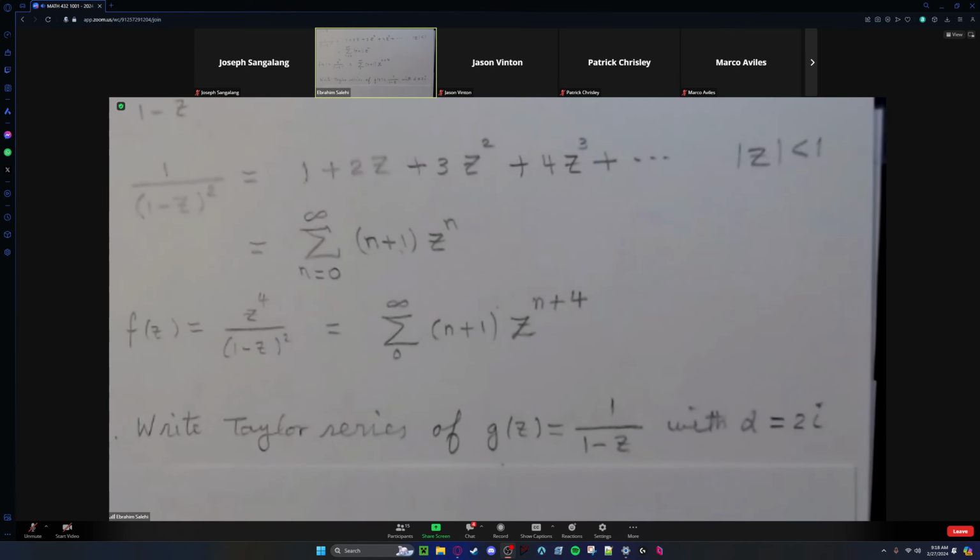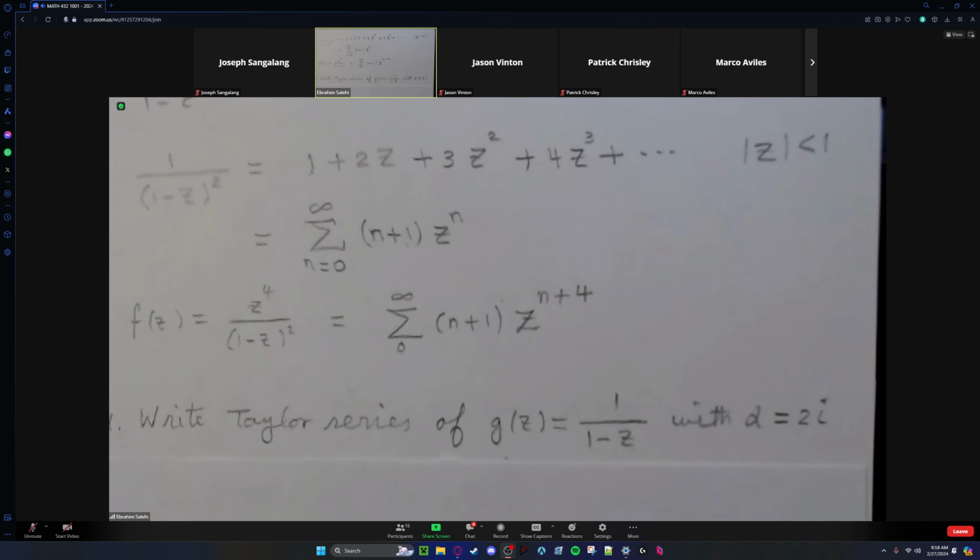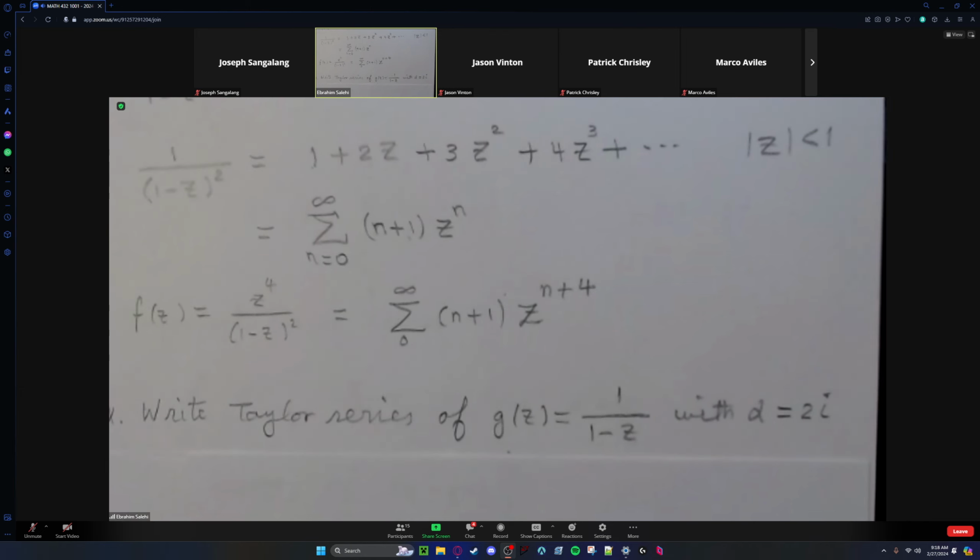Write the Taylor series of this with center being 2i. Center 2i means you want to have a power series representation of this function in powers of z minus 2i. This is the center.